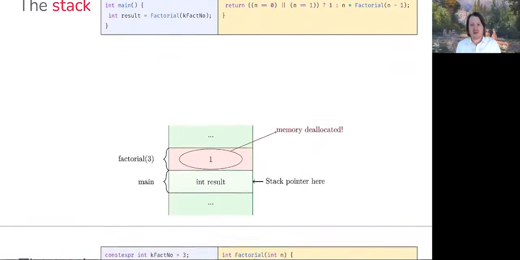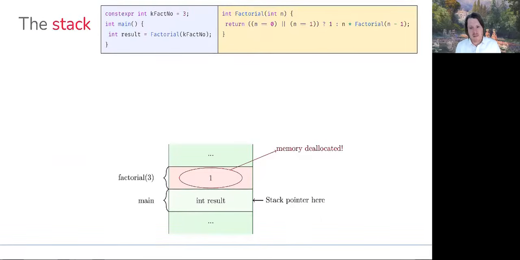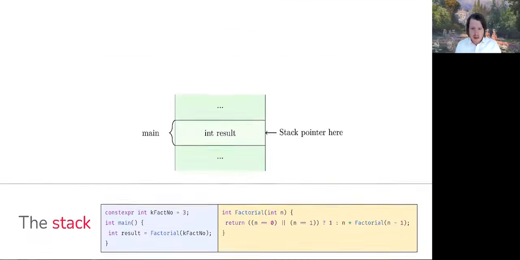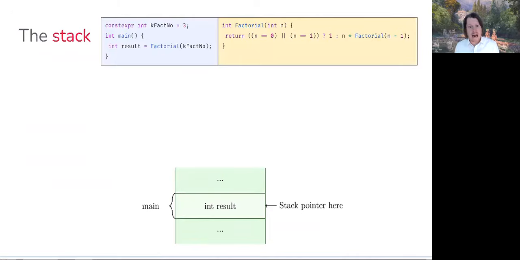And again, memory is deallocated after that return statement, and the stack pointer is decremented to point to the current function's activation record, in this case main. And at this point we have the value for factorial of 3, and this variable here would take on the integer value of 6.